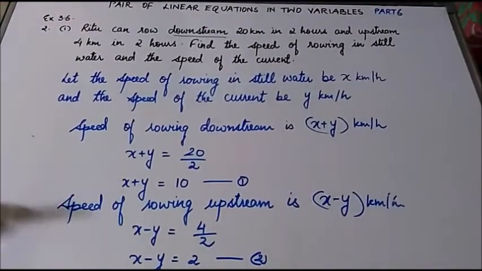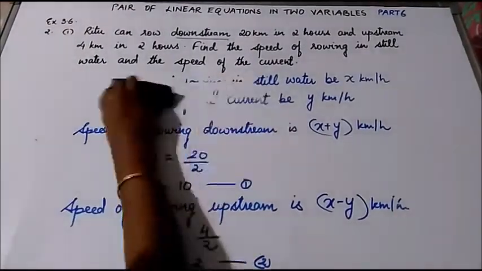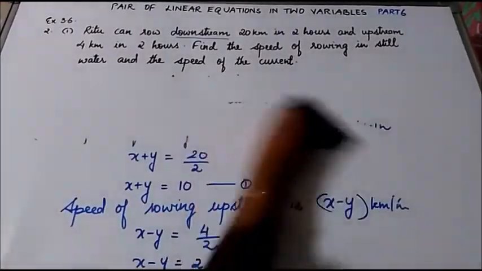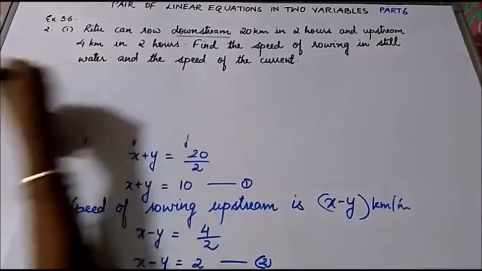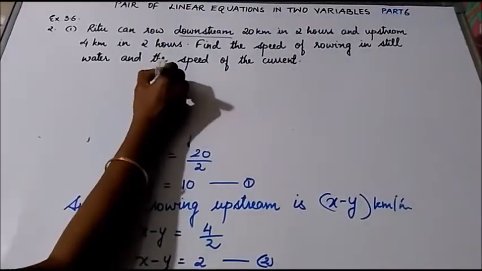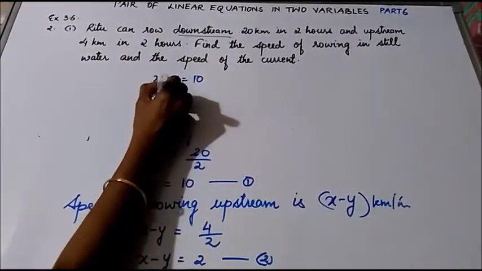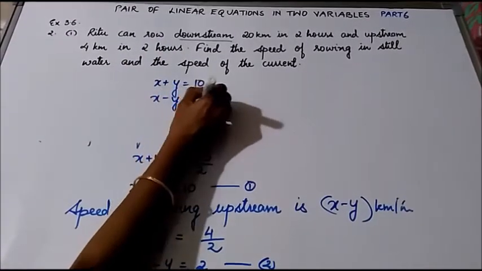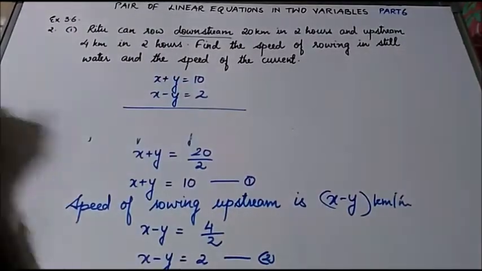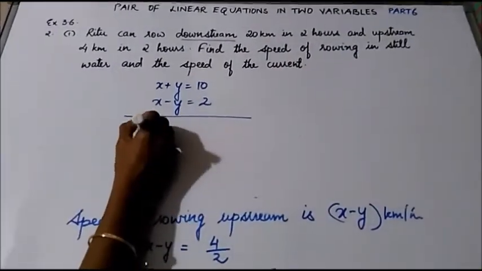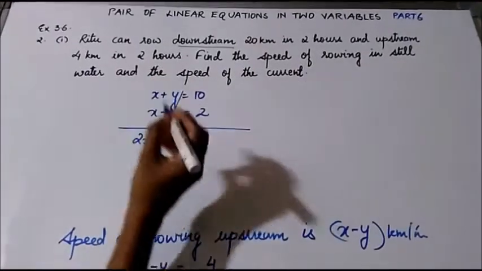Now we will solve both the equations by elimination method. The first equation here is x plus y equal to 10 and the second equation is x minus y is equal to 2. We have to add them. You will get here 2x. The y term will get cancelled.